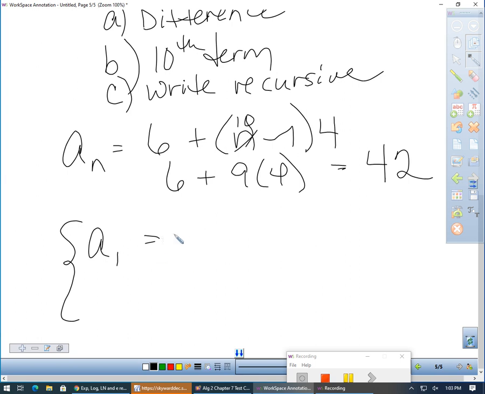In this case, your starting number is 6. The second one starts with a sub n equals, and you literally put a sub n minus 1 plus your difference. In this case, 4. That's the rule. The next part asks you to write the explicit one. Well, guess what? This is the explicit one.